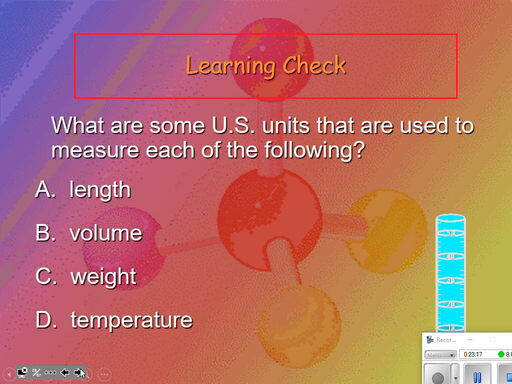Well, I guess centimeters cubed, that would be metric. Inches cubed. Weight. We talked about weight. We measure in pounds, right? Temperature. We use degrees Fahrenheit. So even though we've adopted the metric system, we don't use it.